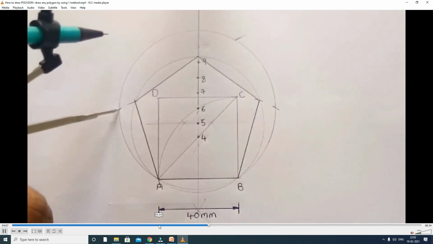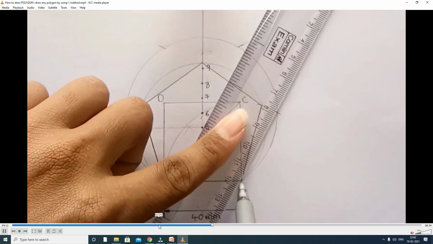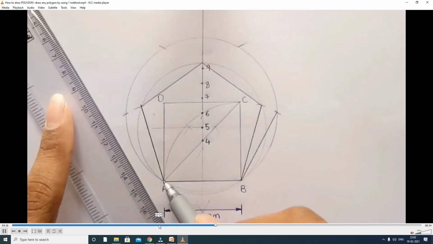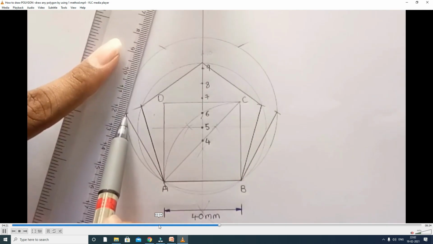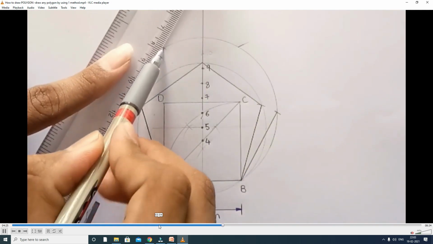A is the corner, you cut the same circle, and B is the corner, you cut, and you take the help of next corners, that arc. Okay, now you join the A to B and B to C, C to D, D to E. This is the hexagon.